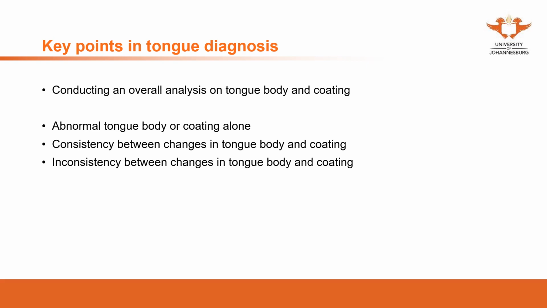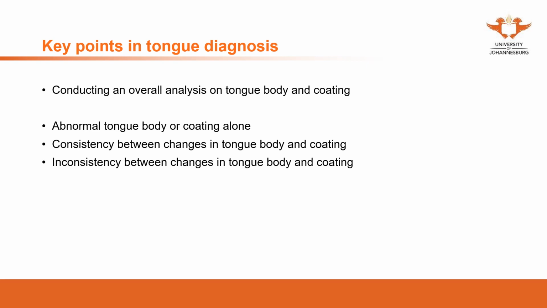If a red tongue with a yellow coating, that's considered as consistency, because a red tongue indicates a heat condition. A yellow coating also indicates a heat condition, so they're the same. But a red tongue with a white coating is the inconsistency.